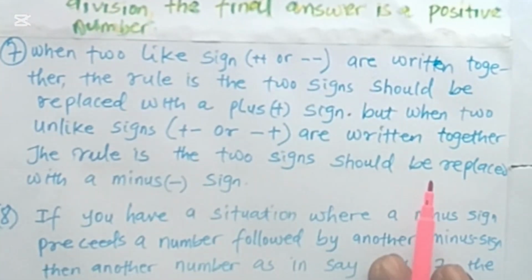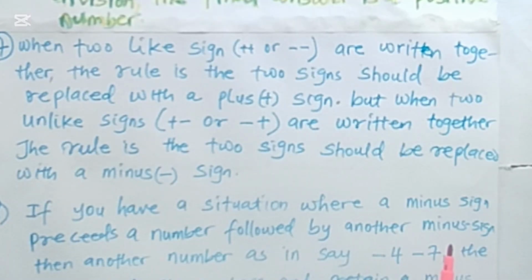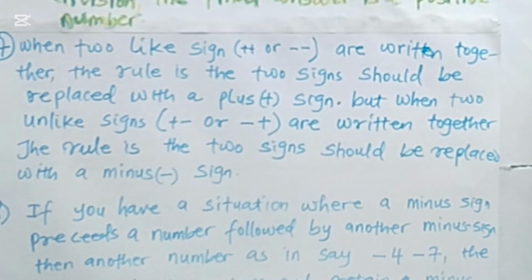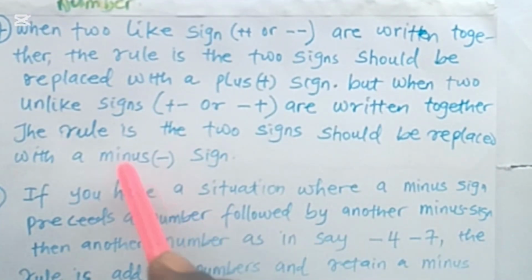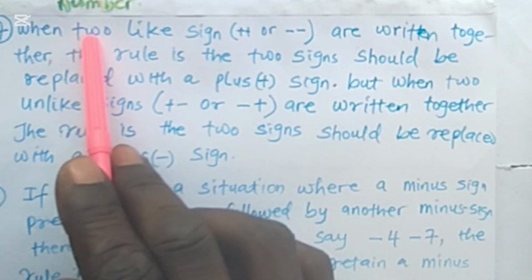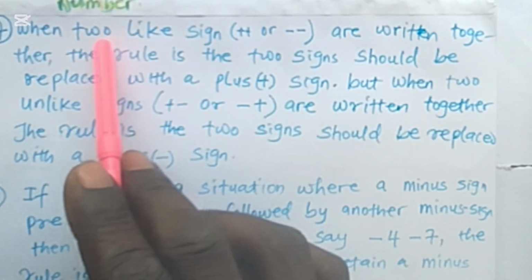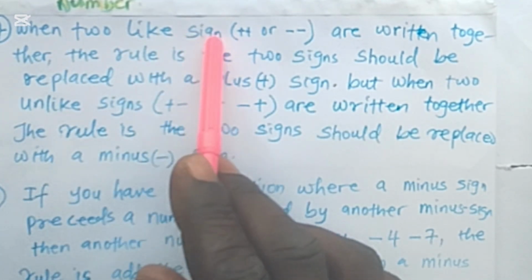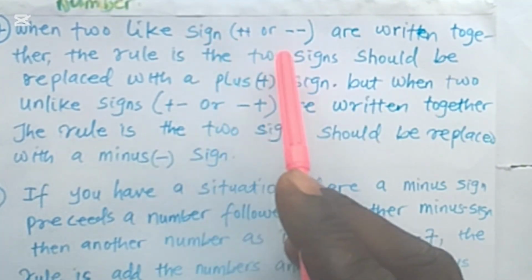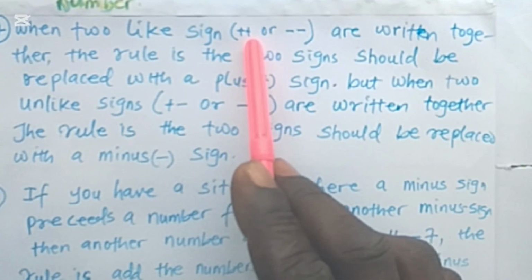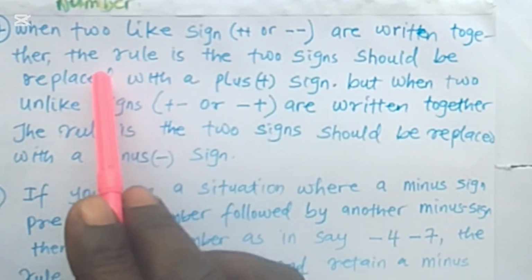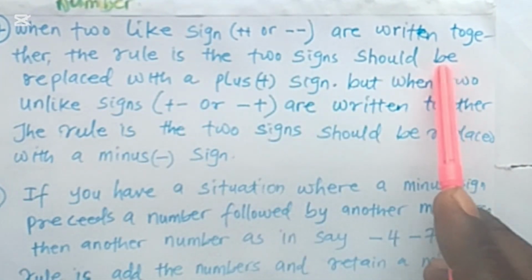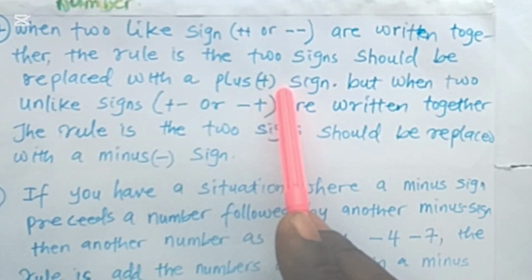This is where I expect you to pay close attention because this is the most confusing aspect of the rule. These ones initially are very easy to understand, but this one you will have to watch carefully. The seventh rule says that when you have two like signs, two signs that are alike, I have in brackets plus plus, or you have minus minus written together, the rule is the two signs should be replaced with a plus sign.